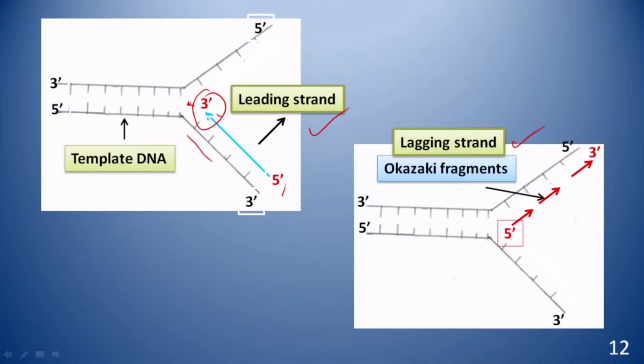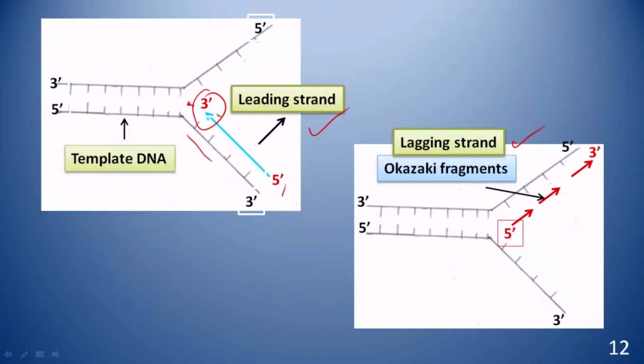Now next is your lagging strand, which is also known as Okazaki fragments. The Okazaki fragments occur in a discontinuous way. Why? Because they are short sequences of DNA nucleotides and they are synthesized discontinuously, because the lagging strand needs to be replicated in the opposite direction, opposite to the replication fork.